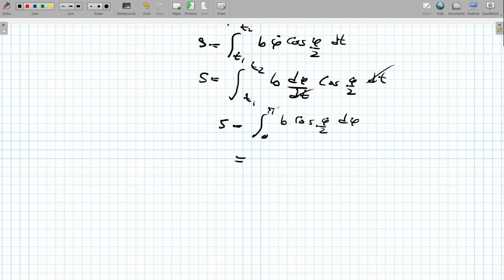So this is a constant. If this is a constant, the integral, it's not a constant because this cosine has a phi divided by 2.